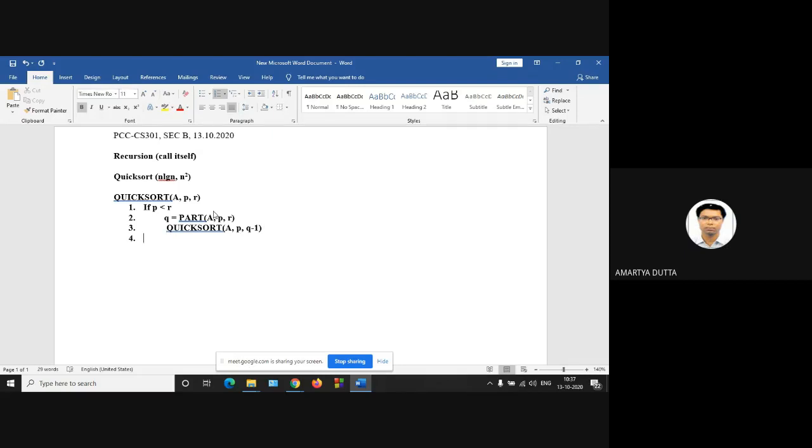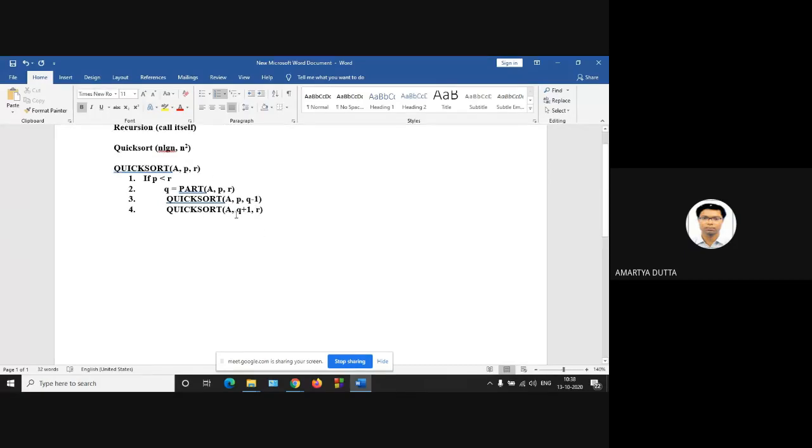And the next one is quick sort A, Q plus 1, and R. Okay. So this is the quick sort function.